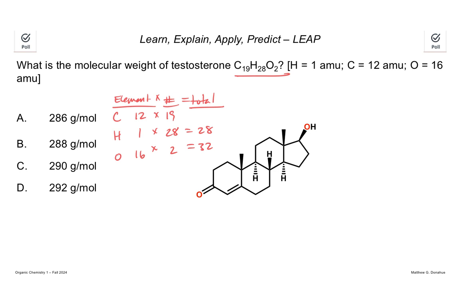I'm sure there's some fast way to do that in your head, but just punch it in here. So that gets us 228. And then we add all that together, and that gets us 288. So our answer is B.